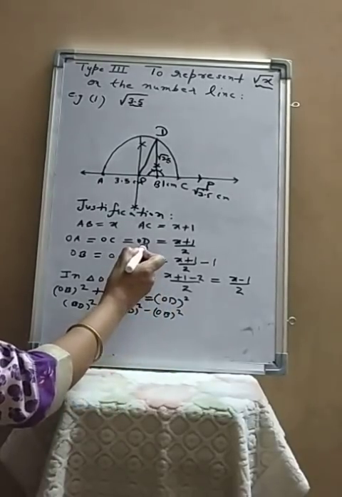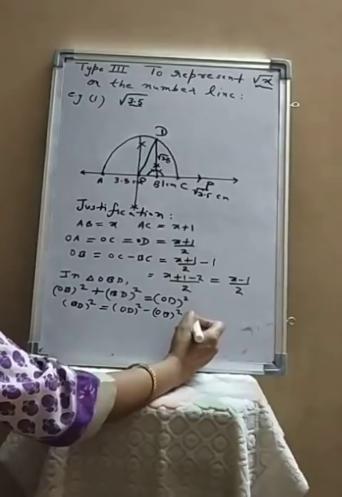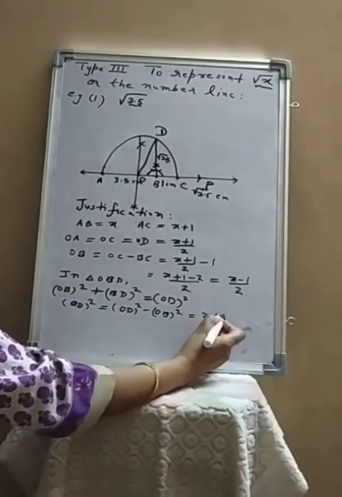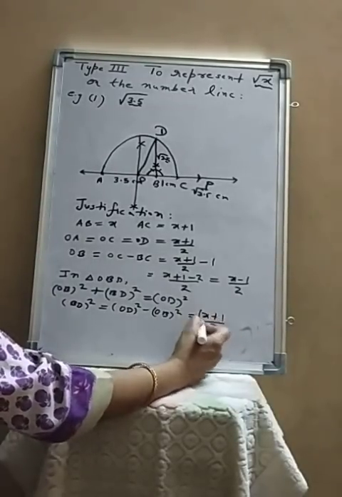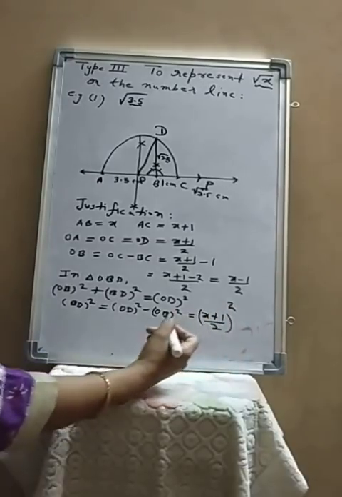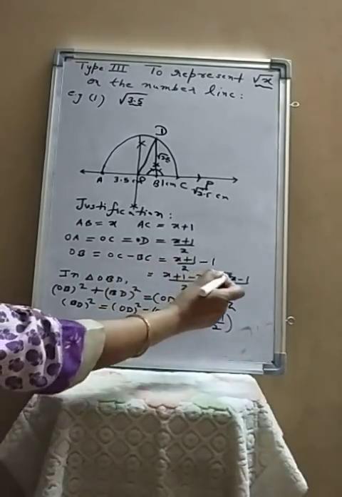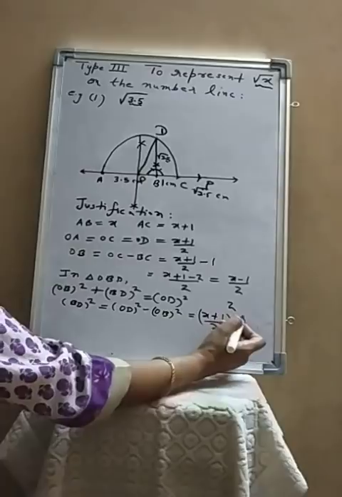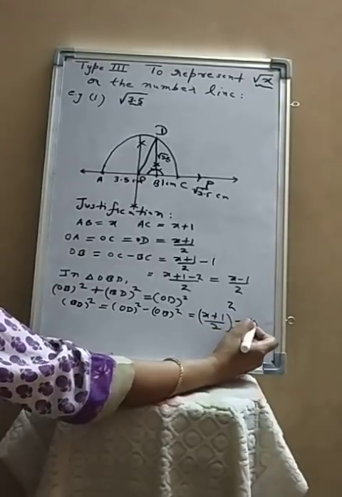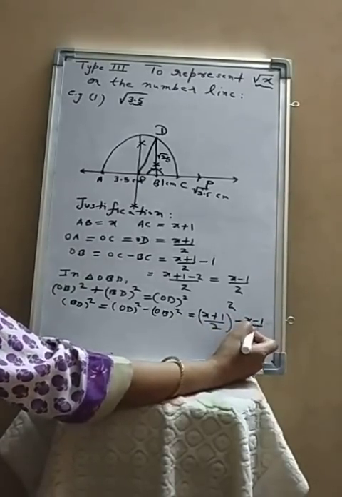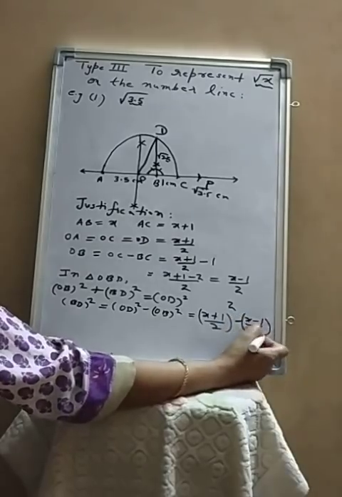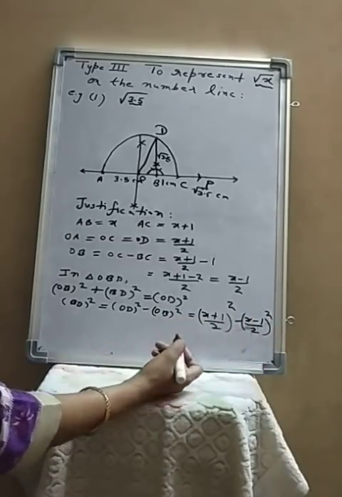OD is (x plus 1) upon 2, so (x plus 1 upon 2) whole square, and OB we have just calculated, (x minus 1) upon 2, so this is minus (x minus 1 upon 2) whole square.